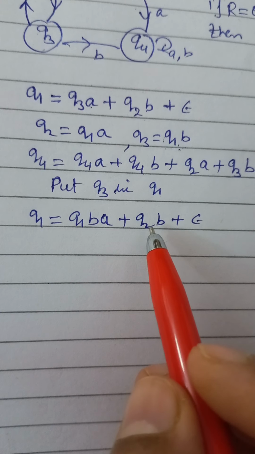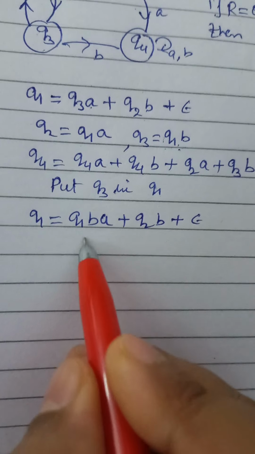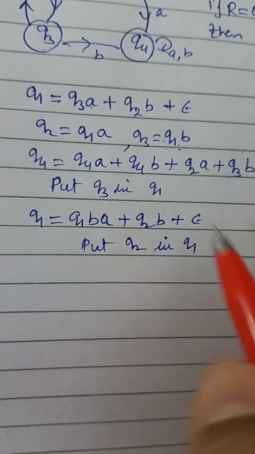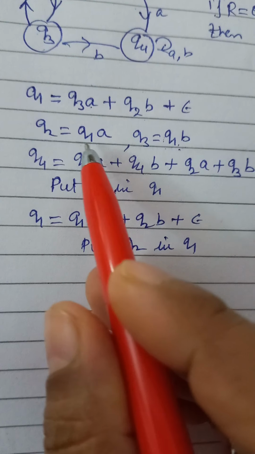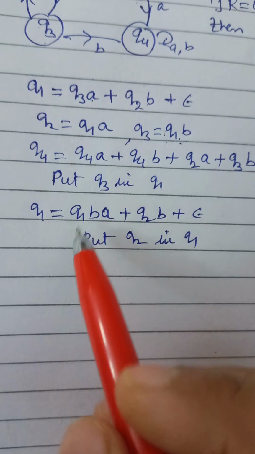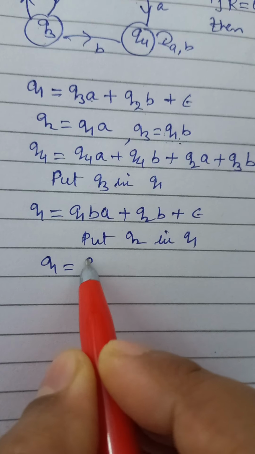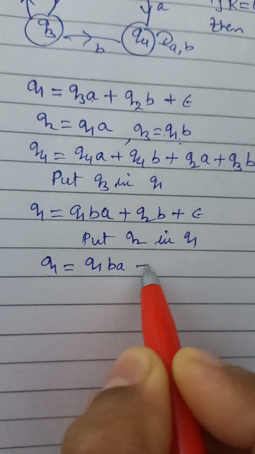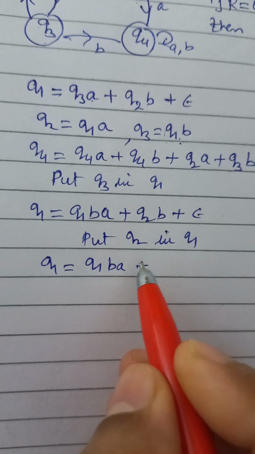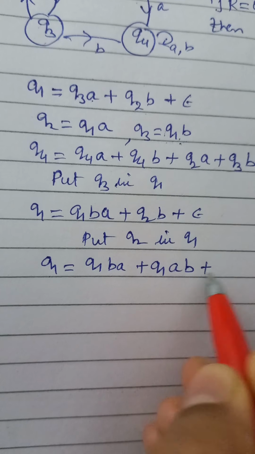Now we will put Q2 in Q1, because Q2 is left, and the Q2 value is also in terms of Q1, so we will put Q2 in Q1 again. So we will get Q1BA, and instead of Q2 we will write Q1A, and B is left, so Q1AB plus epsilon.